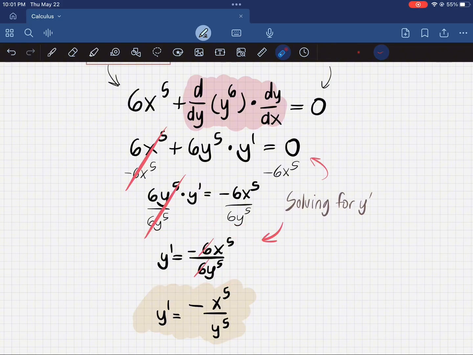Since the 6 cancels out, we can simplify the answer to this. So this is our final answer. Now that you've seen how implicit differentiation works when we can't or don't want to solve for y, up next, I'll walk through a second example to show how this technique applies to messier, more complex equations.